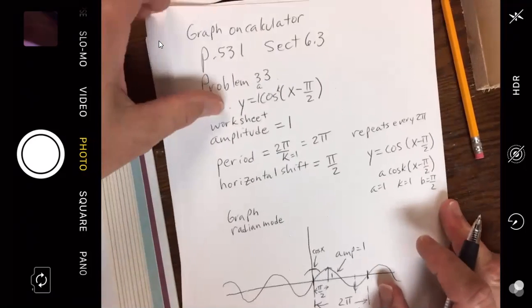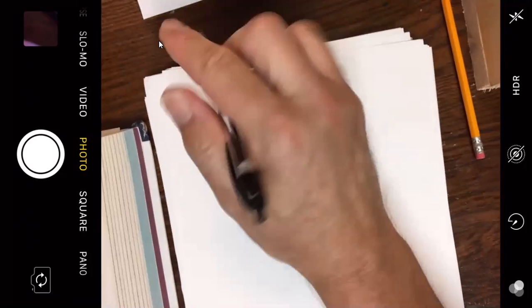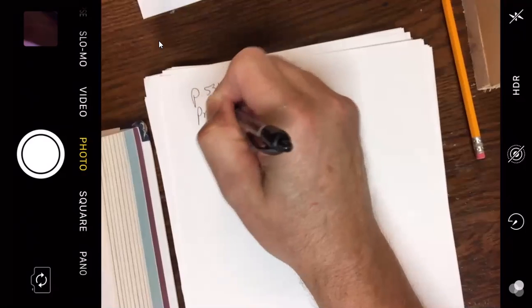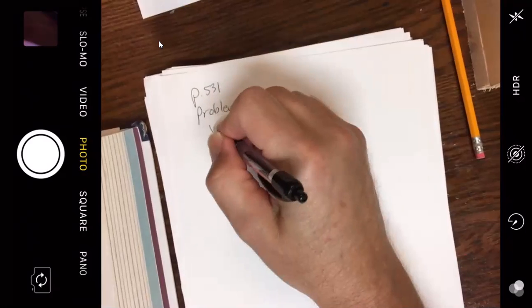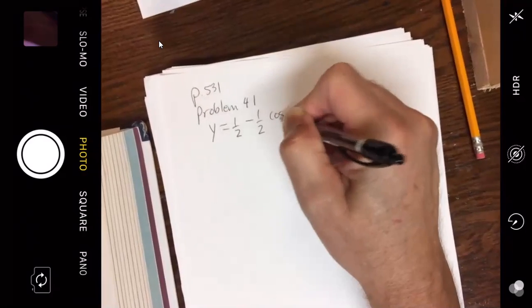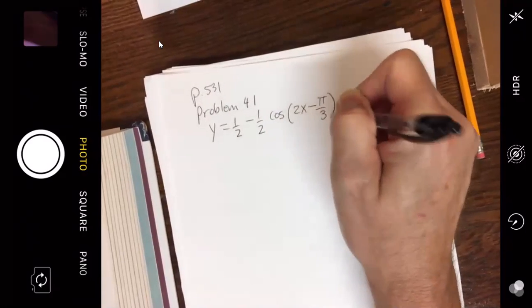All right, now that one was set right up to pretty much match exactly. So why don't we try one that's a little trickier? Problem 41. Y equals 1/2 minus 1/2 cosine of 2x minus pi over 3.